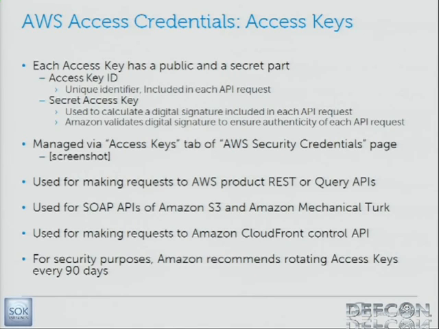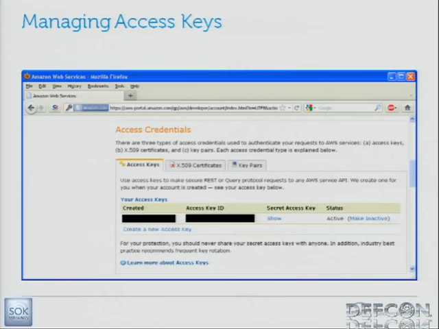There's a screenshot on the next slide where basically you manage all these different credentials within Amazon's web console. And these access keys are also used for CloudFront, which is Amazon's own content distribution network that they offer as part of their web services suite. Amazon's recommendation here, rotate those keys at least every 90 days. And here's a quick screenshot of the nifty web interface where you can manage these access keys, both the secret key and the public key part of it.